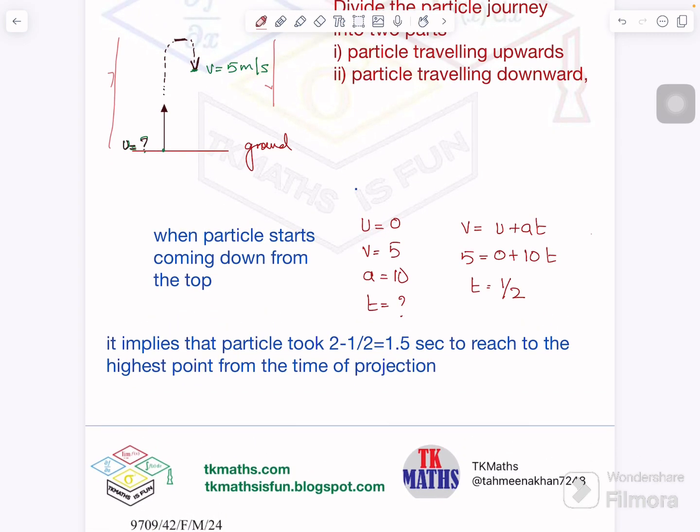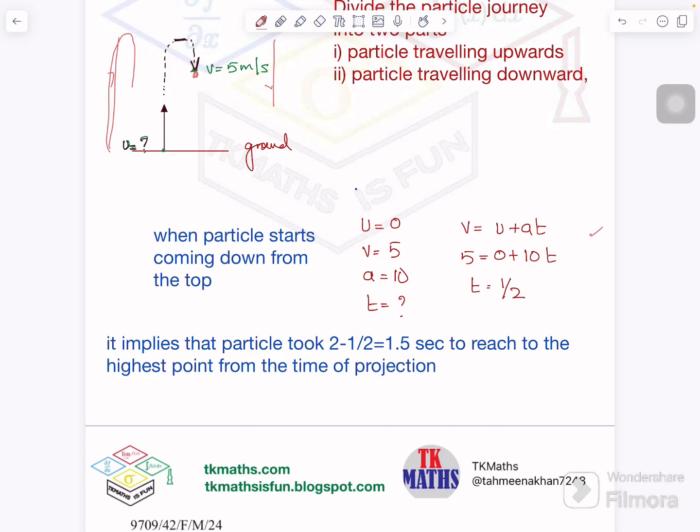Here I have mentioned all the values which were given in the question. The question told you that the complete journey was 2 seconds, and at this point it was 5 meters per second after 2 seconds of the journey.